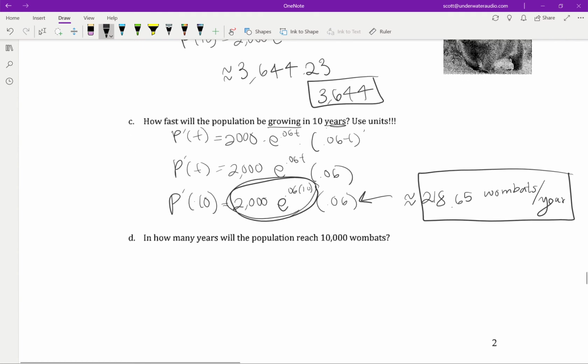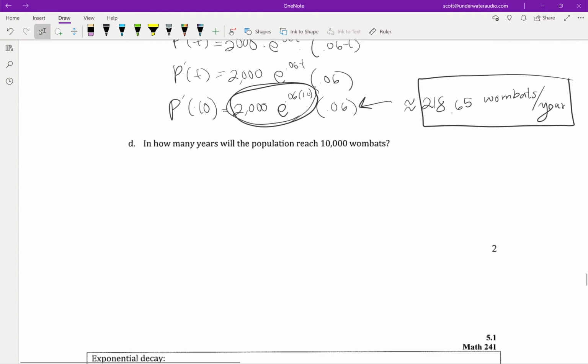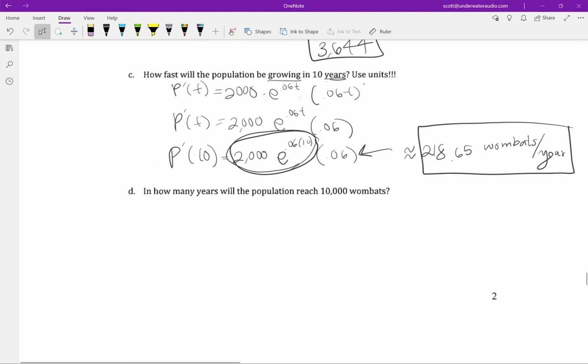All right, part D. In how many years will the population reach 10,000 wombats? To do that, I want to know when P of t equals 10,000. So that's 2,000 e to the 0.06 t. I can cross out these zeros and then divide by 2, a little bit of mental math.